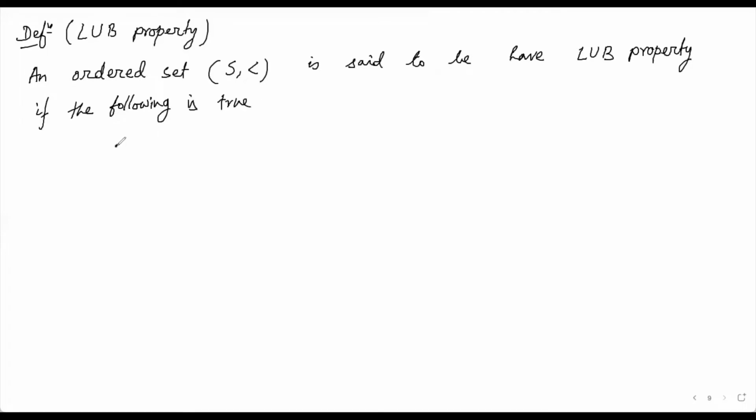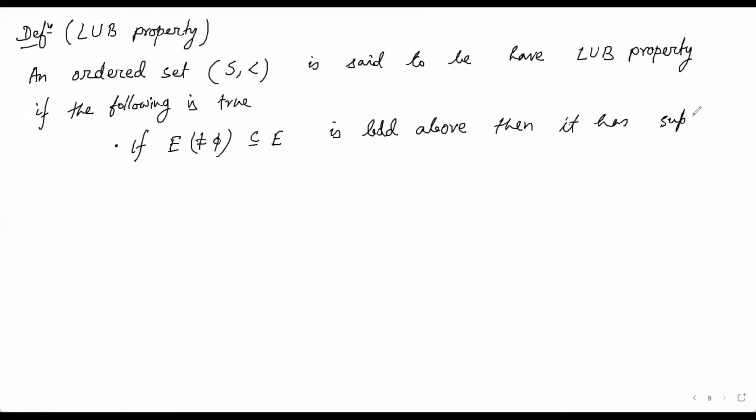If E, a non-empty subset of S, is bounded above, then it admits the least upper bound, that is, it has supremum of E in S. Okay, so this is the property, and an ordered set with this property is called complete.